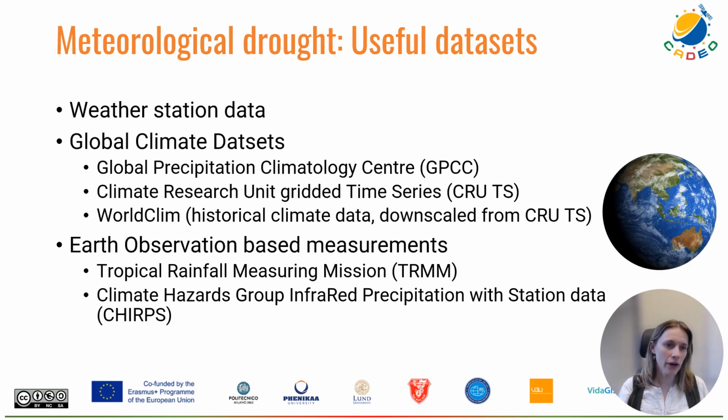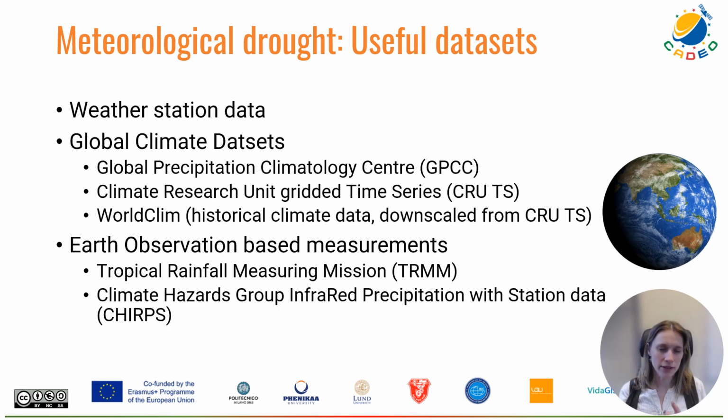For example, there are global climate data sets that you can download, often in some sort of raster format. They have generally been interpolated over a larger area, so you have to be a bit aware of whether there is data that the interpolation covers or if it's interpolated based on very few data points.